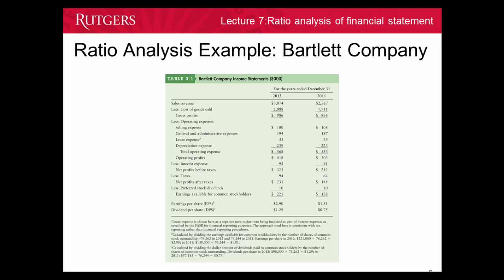We can see earnings available for common stockholders here. It's 221,000, and we divide this by total sales, that is 3,074,000, and we obtain a net profit margin equal to 7.2%.